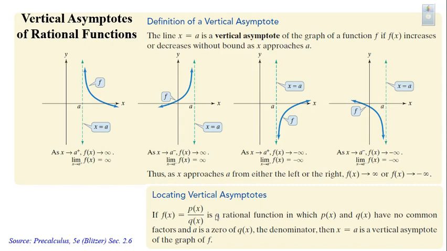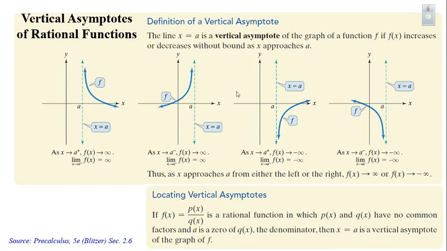Whichever remaining factor gives you 0, x equal to that number is the vertical asymptote. So when you factor completely, you take the linear factors in the denominator and set them equal to 0. You cancel what can be canceled first, set the linear factors equal to 0, and then see what x is in that case. That x value should not also give you 0 for the numerator, so x equal to that number is a vertical asymptote.